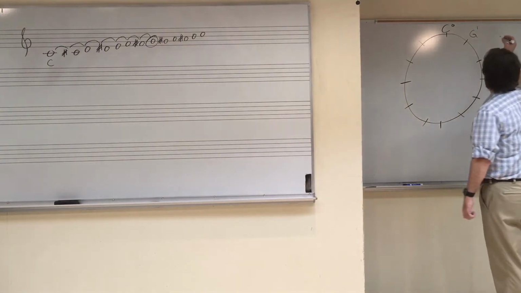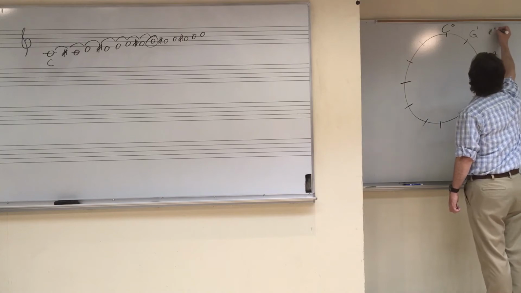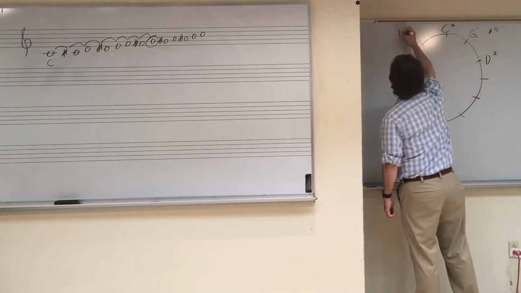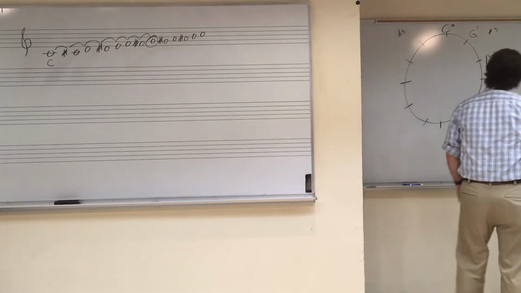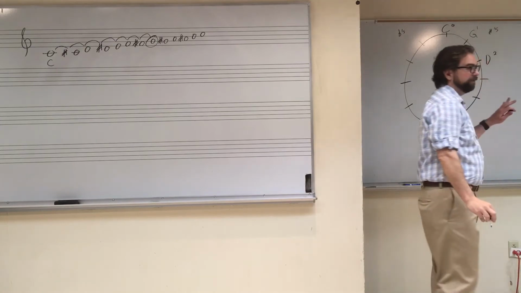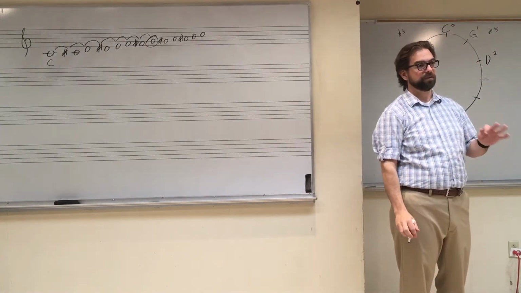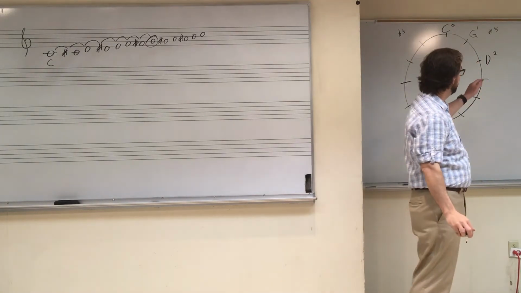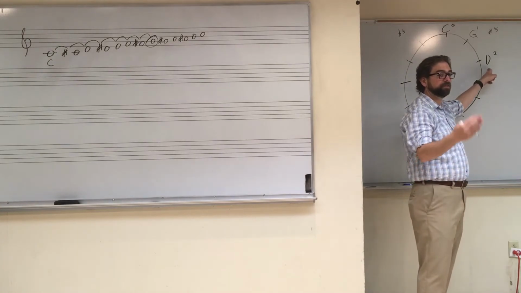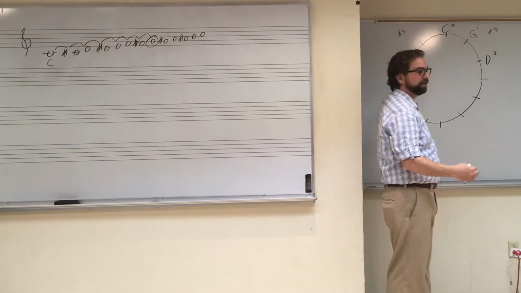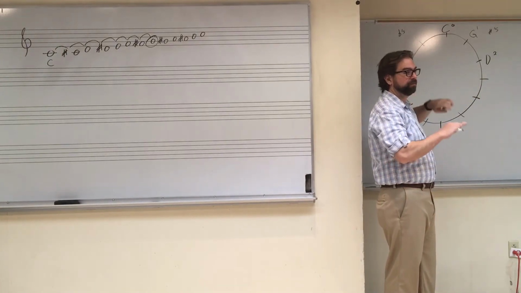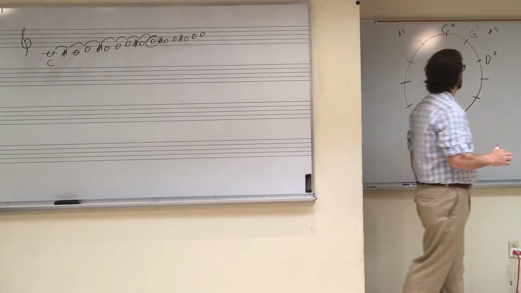So to the right is sharps, to the left is flats. So just know that. And you won't have any 2 keys that are the same. What I mean is there won't be a D key that uses sharps and a key of D that uses flats. That just doesn't exist.